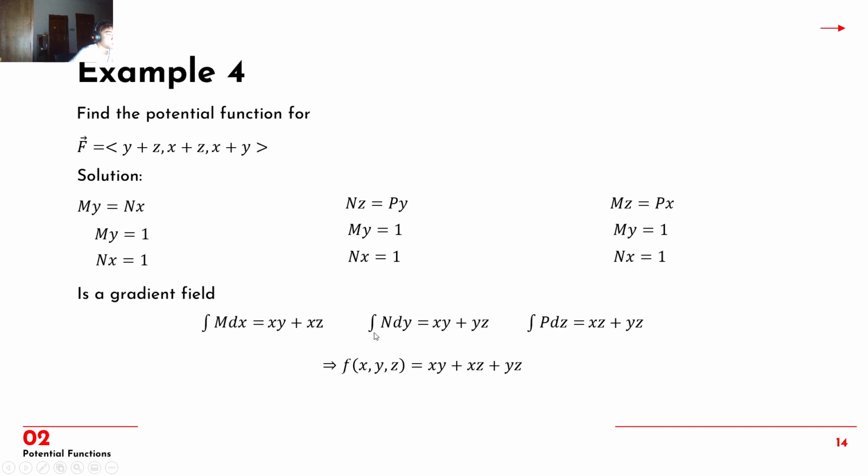So to find the potential, we only take the unique term of the answer when we find the integration of each one. So xy is unique, we take one. xz is unique. xy is the same, we don't take this one. And yz is unique, and xz we already took, and yz we already took. So finally, we got xy plus xz plus yz. That is our potential function.